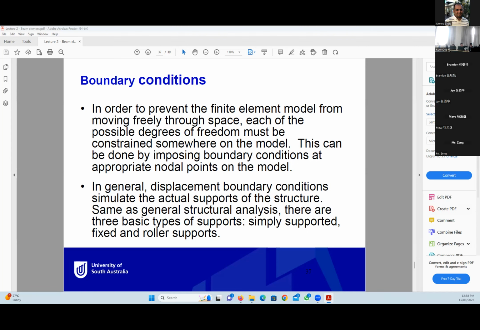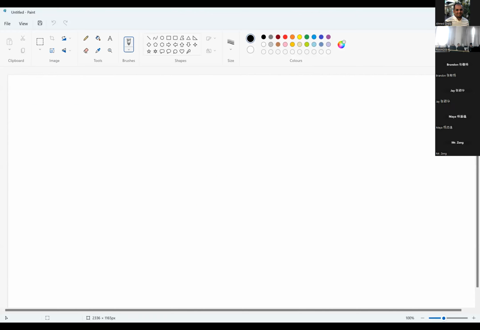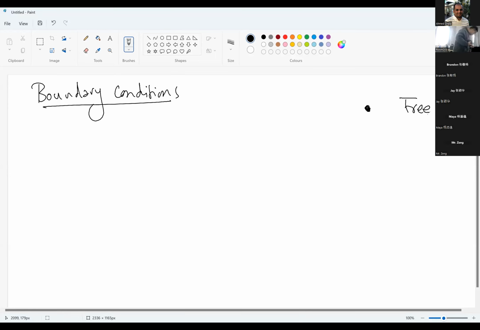Okay, I will share something with you again. So the boundary conditions: any node, if you just leave it without any boundary condition, it is a free node.